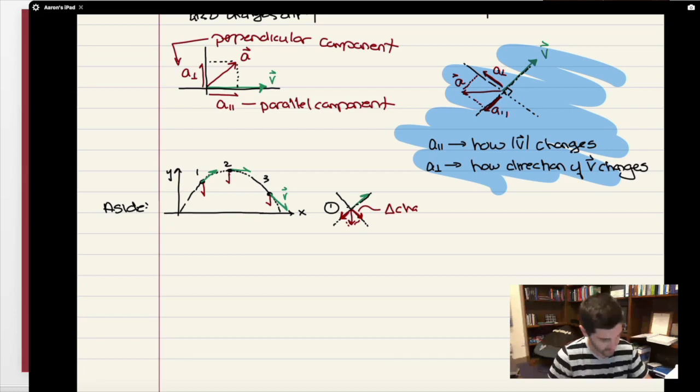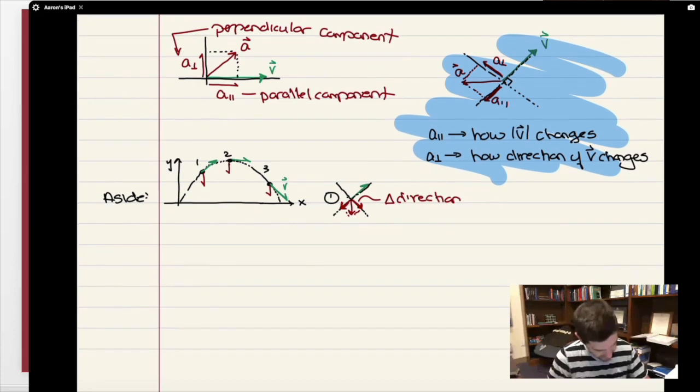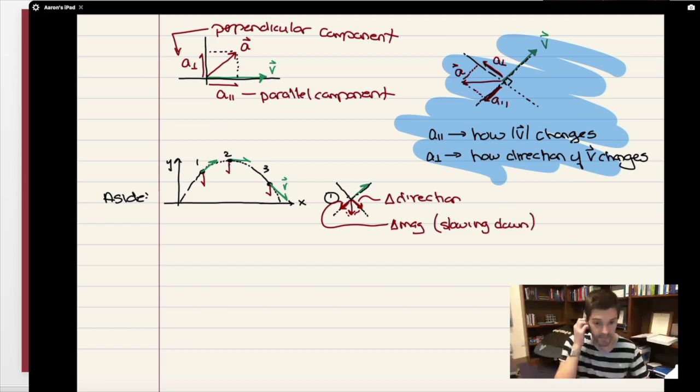Oops, I was going to write delta for change, but then I started writing the word change. So change in direction. And then this part here is change in magnitude. In this case, it is slowing down because the acceleration and velocity are pointing anti-parallel to one another.